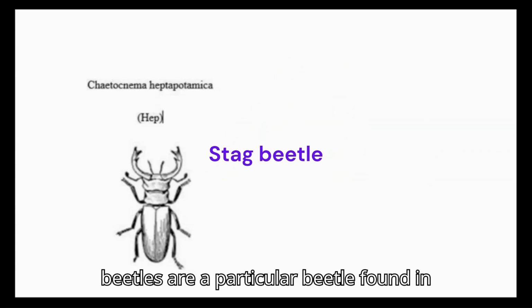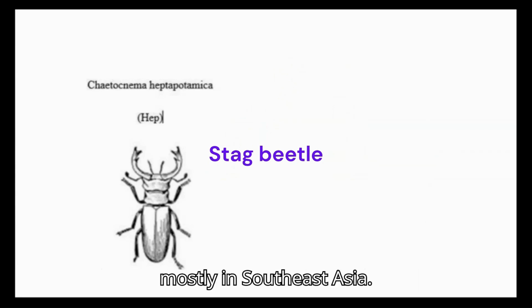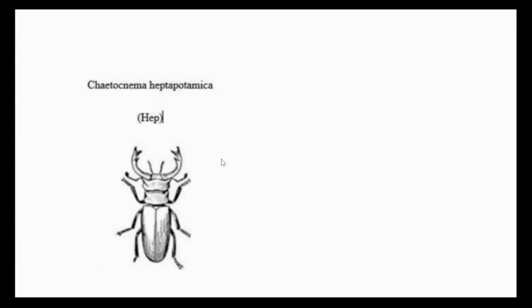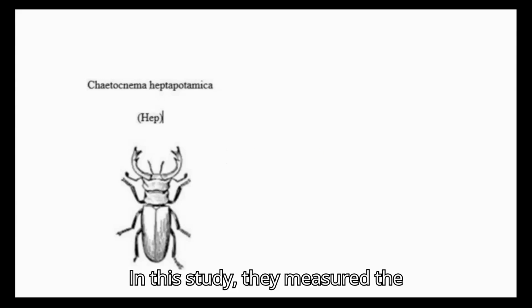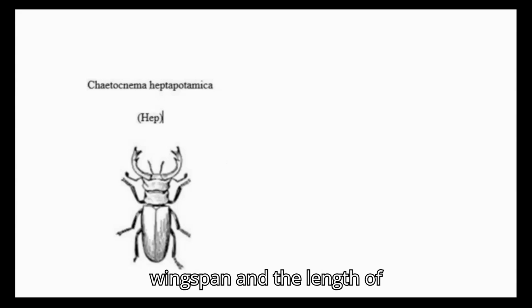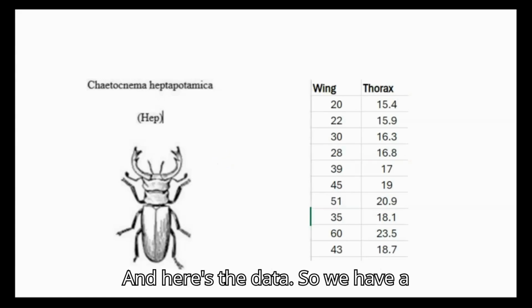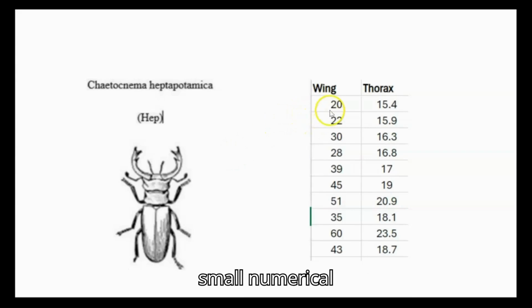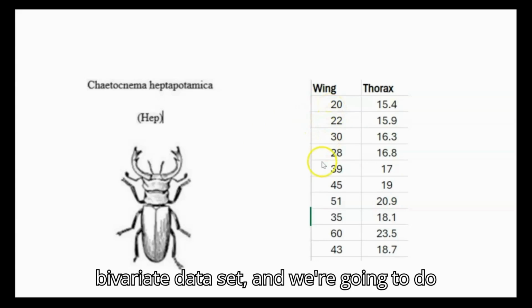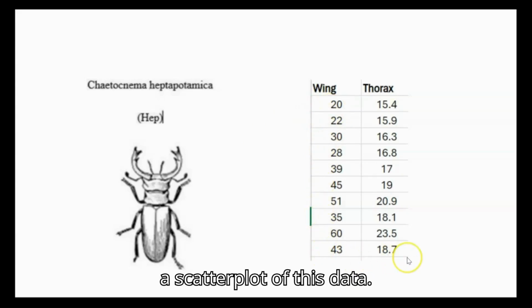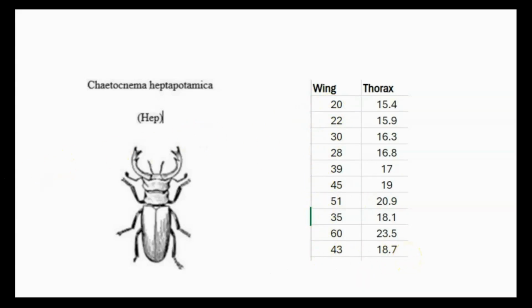The stag beetles are a particular beetle found mostly in Southeast Asia. In this study, they measured the wingspan and the length of the thorax of 10 beetles. And here's the data. So we have a small numerical bivariate data set, and we're going to do a scatter plot of this data.